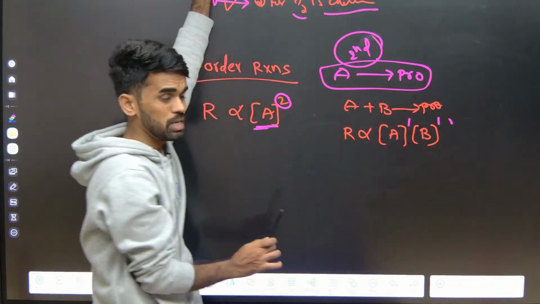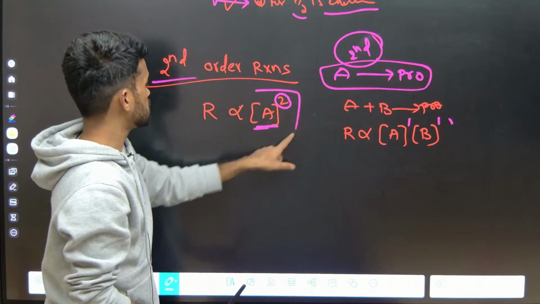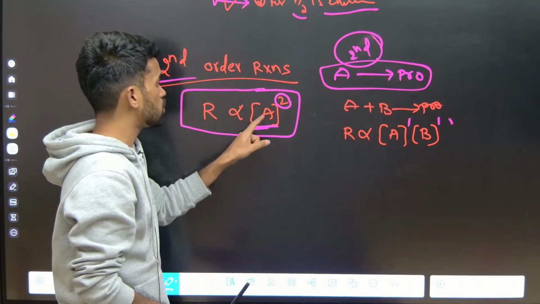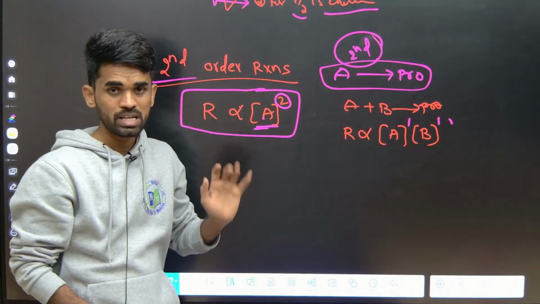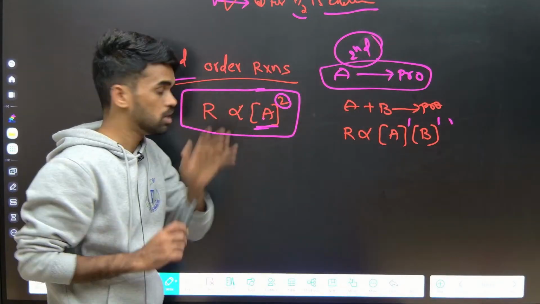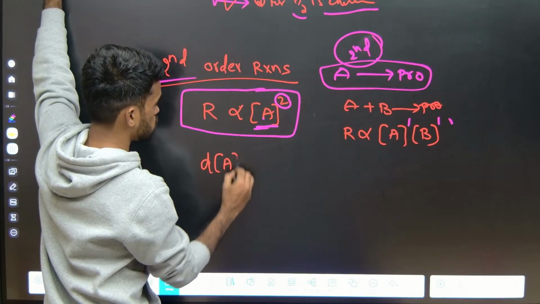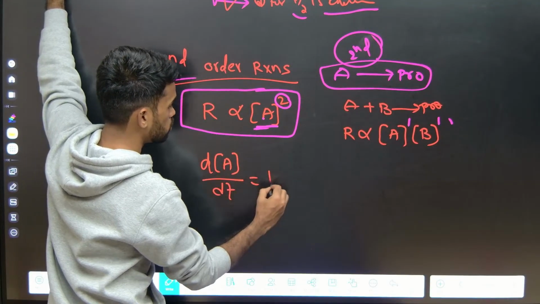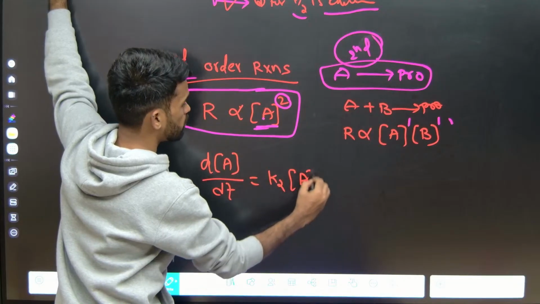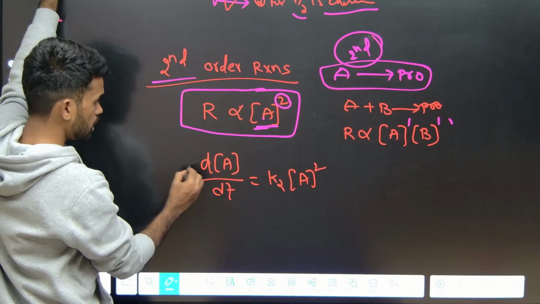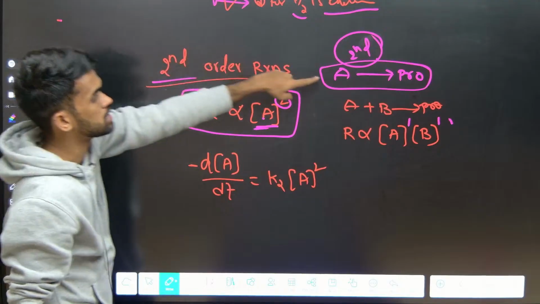Many ways are possible here, but let us generalize this. Rate of reaction is directly proportional to concentration of A to the power 2. For understanding purposes you can take it like this. So now what I can say, change in concentration dA by dt is equal to K2 A to the power 2. This is a decrease in concentration because it is a reactant.